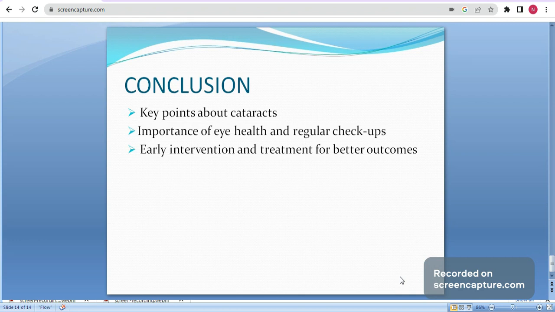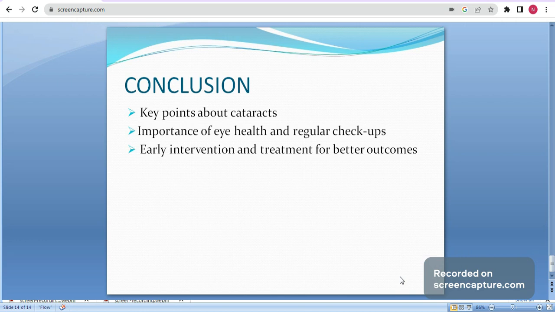So, the conclusion of this entire discussion is that cataract is one of the most common disorders which we find in the ophthalmology OPD, and it's basically found in high prevalence in the older population, right? So, cataract has two lines of treatment: non-surgical and surgical.